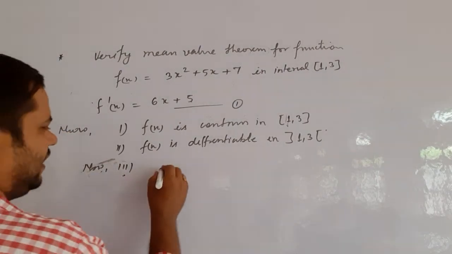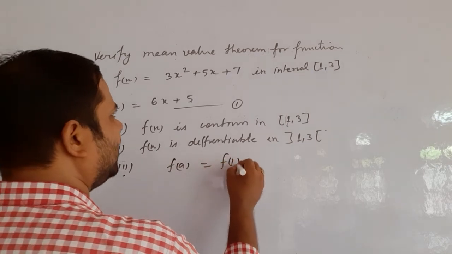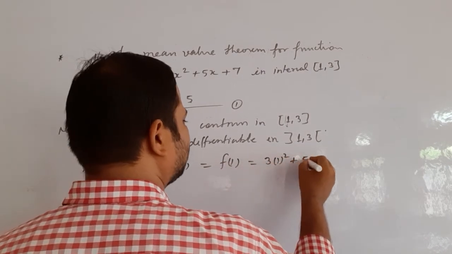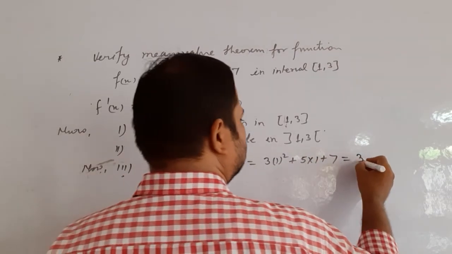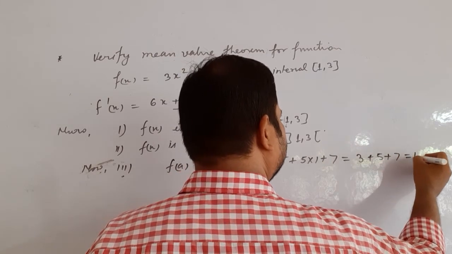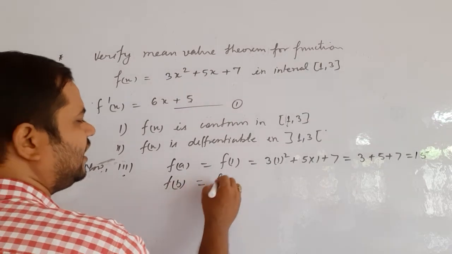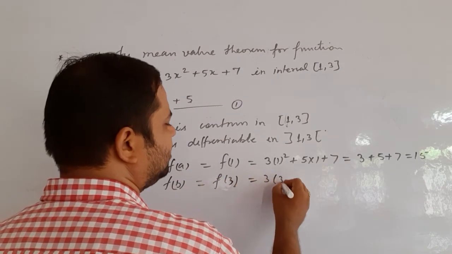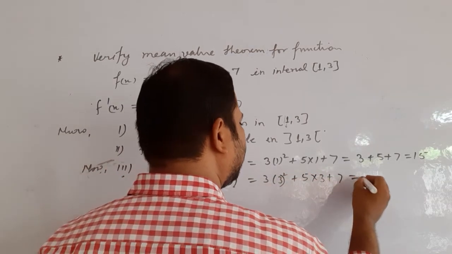we find f(a), that is f(1), that is 3 into 1 square plus 5 into 1 plus 7. So this is 3 plus 5 plus 7, that is 15. Now f(b), this is nothing but f(3), 3 into 3 square plus 5 into 3 plus 7.